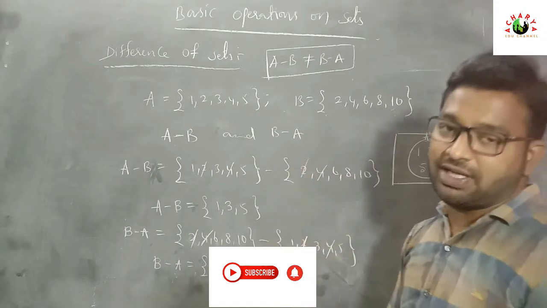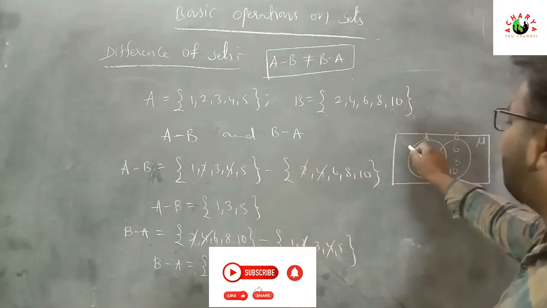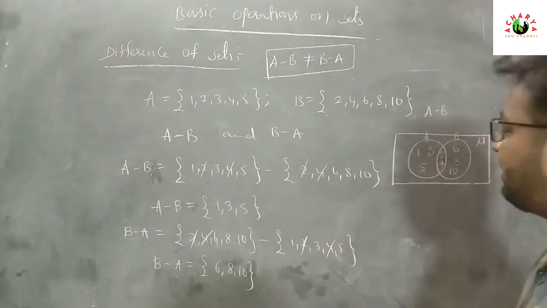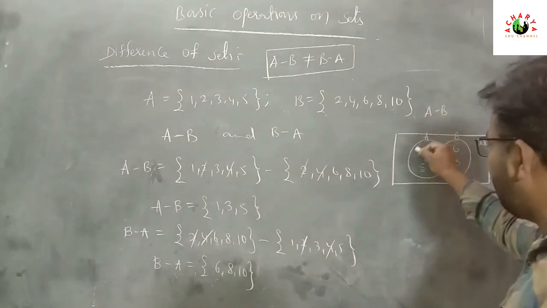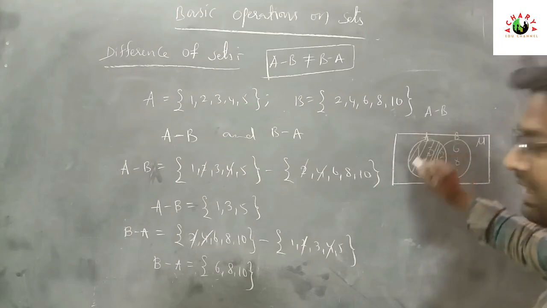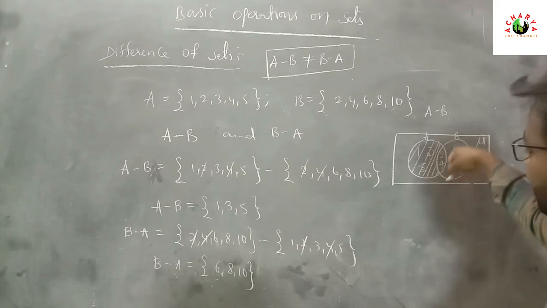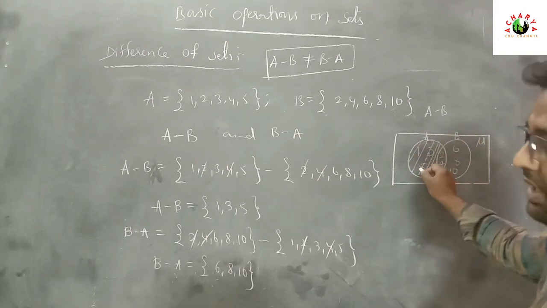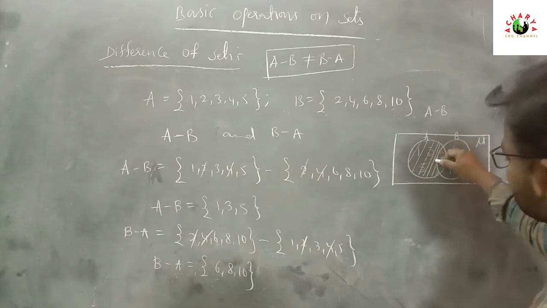But coming to the difference of sets, when we are drawing A minus B, this is the Venn diagram of A minus B. We should shade only the remaining A elements, not the total A elements. The total A elements are 1 2 3 4 5, but we should leave out the intersection part.